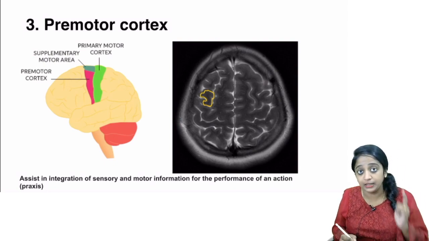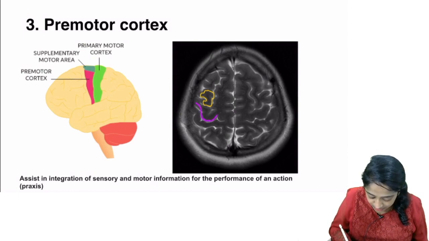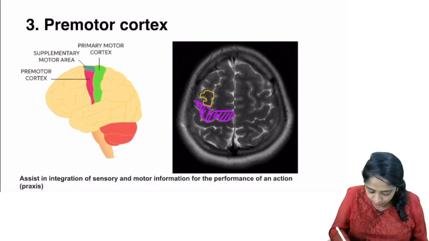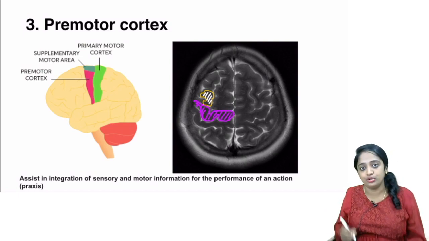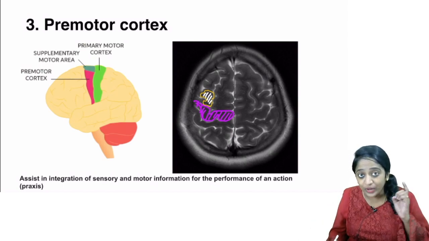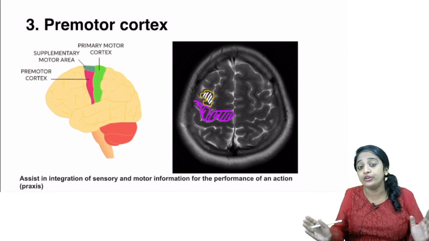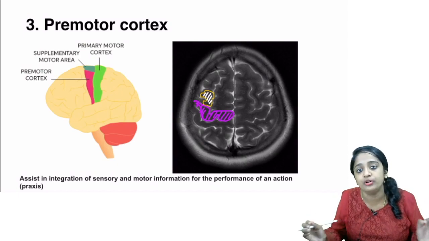Now in the MR image, you can see the axial sections provided. First, you have to identify the precentral gyrus or the motor cortex. So this is our precentral gyrus. You can identify it by the hand motor knob configuration. Just anterior to that, what you see is the premotor cortex. So what is the function of the premotor cortex? We know that the primary motor cortex executes voluntary motor activities.